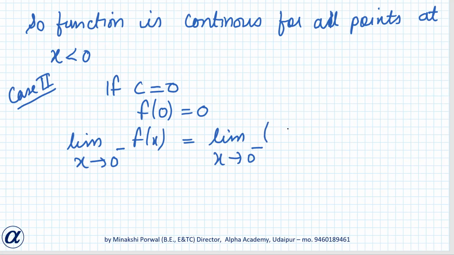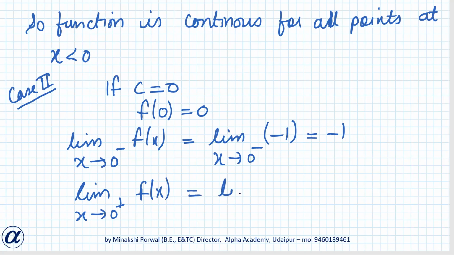Similarly, limit x tends to 0 plus f(x), that is equal to 1. So the left hand limit, right hand limit, and value of function at that point, none of them are equal. So the function is not continuous at x equals to 0.